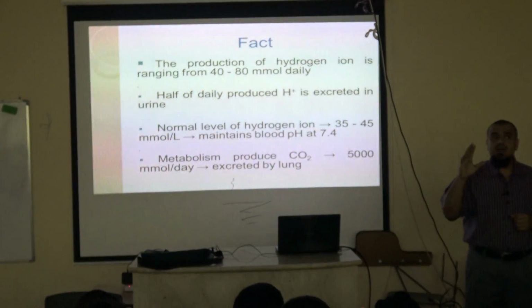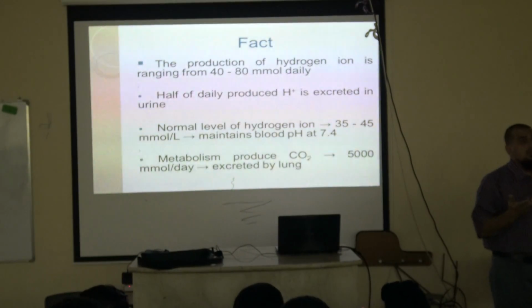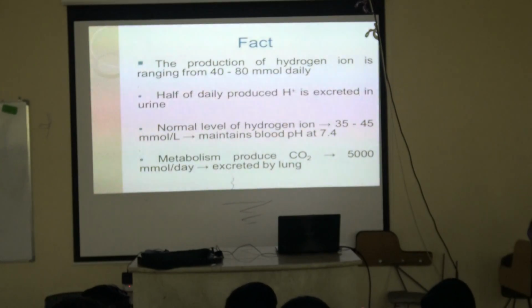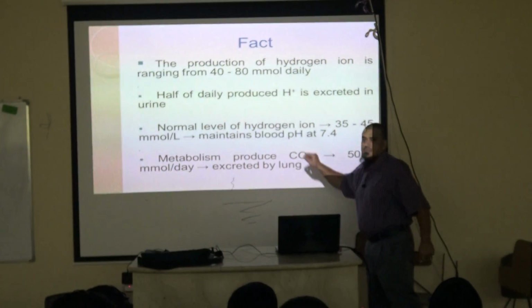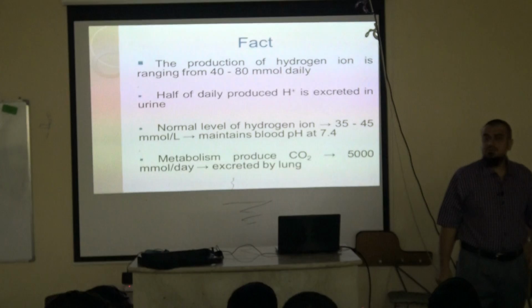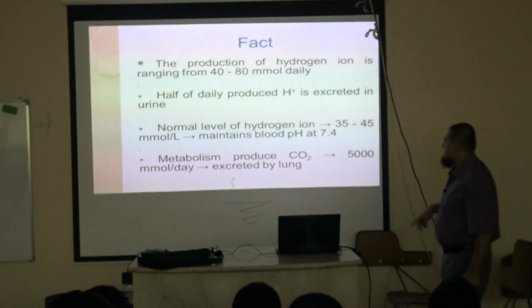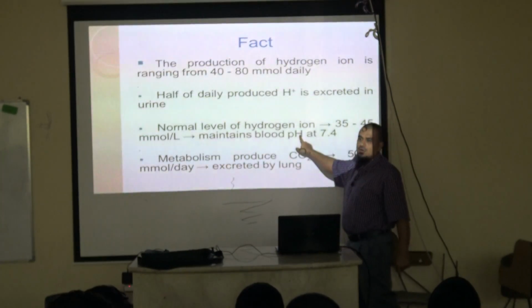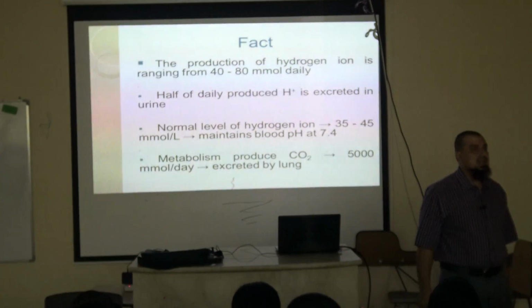Now please, another important point. When I say hydrogen ion and when I use the word pH, pH is what? How do you measure pH? pH is power of hydrogen ion.